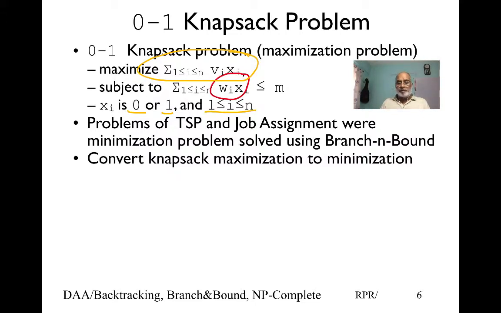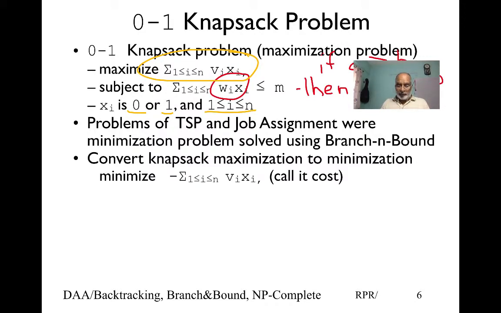If we look at two numbers, we know that if A is greater than B, then minus A is less than minus B. So if A is greater than B, the max of A and B is A, then minus A would be the min of minus A and minus B. So if you convert the values to negative, it basically becomes a minimization problem.